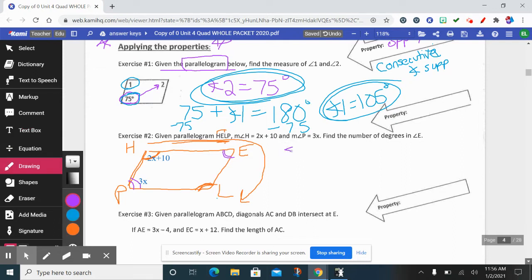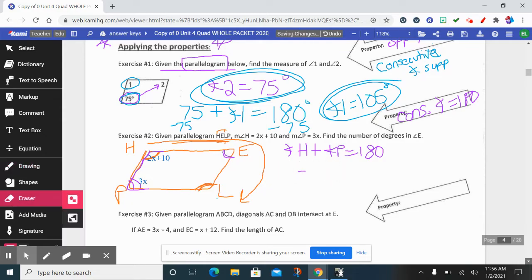So we know that angle H plus angle P equals 180 because these angles are consecutive angles. It's not opposites here. So the rule we're going to use here is that consecutive angles equal 180, right? So we're going to take the 2x plus 10 and add it to the other angle.